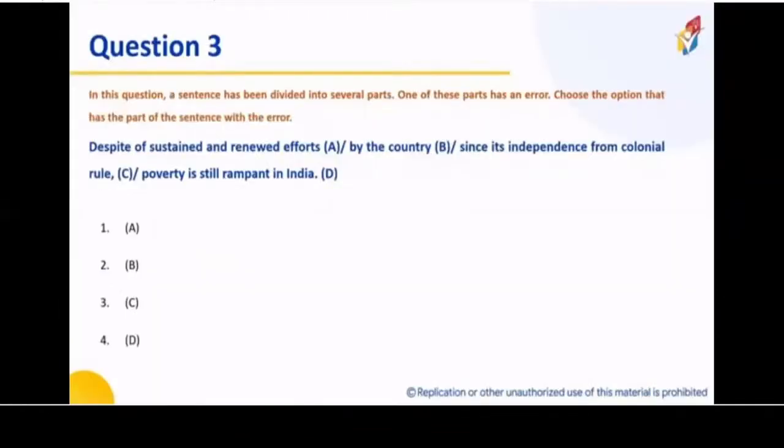Let's look at the next question here. Despite of sustained and renewed efforts by the country since its independence from colonial rule, poverty is still rampant in India. So despite of is an erroneous usage. You can say in spite of, where in, spite, and of are three separate words, or you can simply use despite.